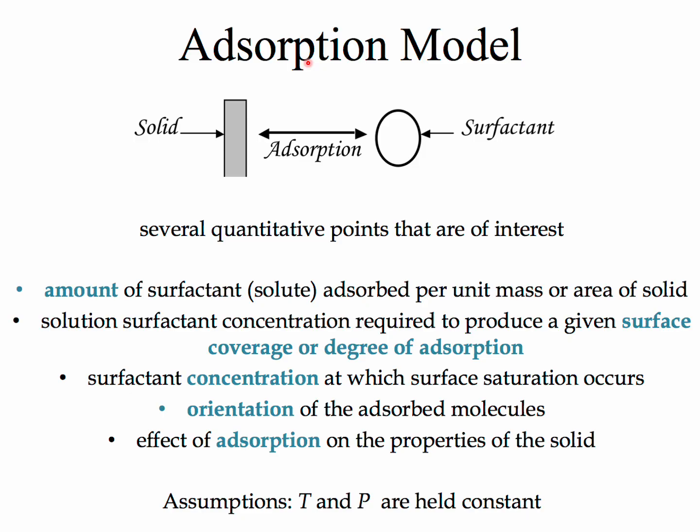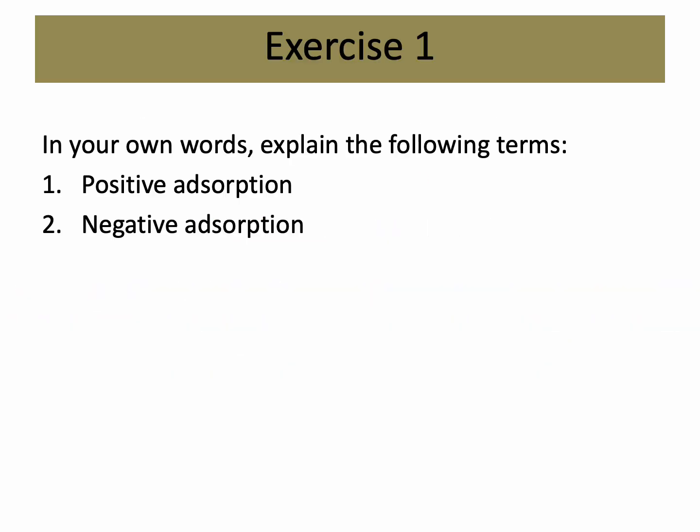In addition, adsorption can affect the properties of the solid surface. For example, it can change the wettability, surface energy, and even the reactivity of the material. Finally, it is important to note that in most adsorption models, we assume that the temperature and the pressure remain constant. This allows us to focus primarily on the effect of concentration on the adsorption process.